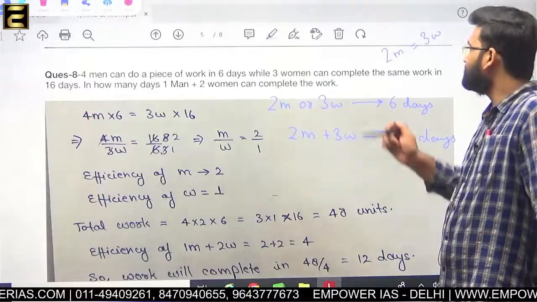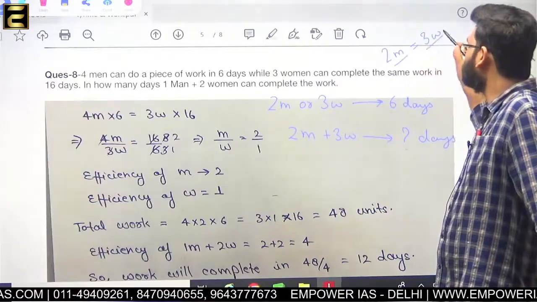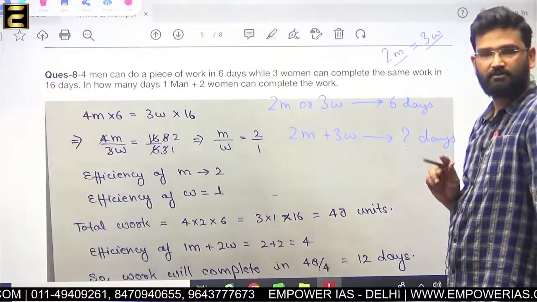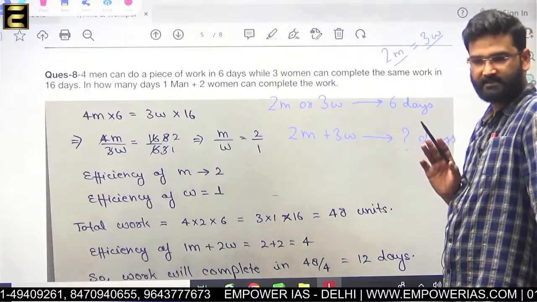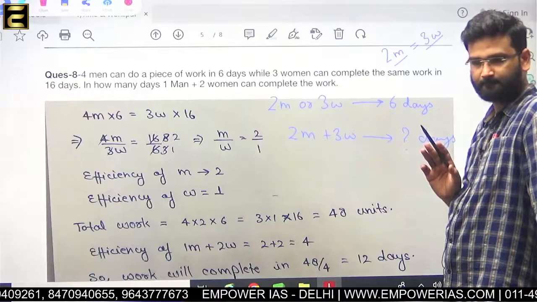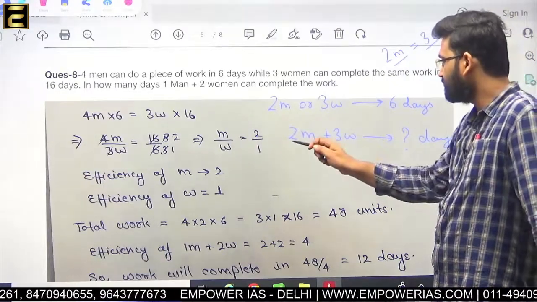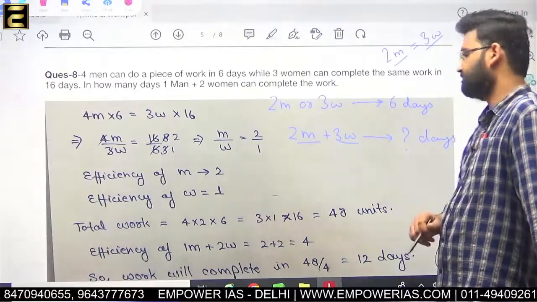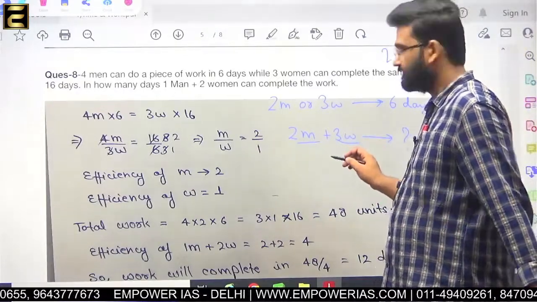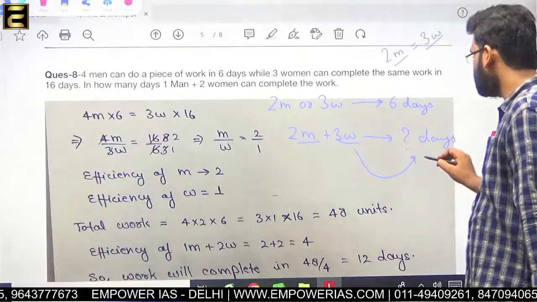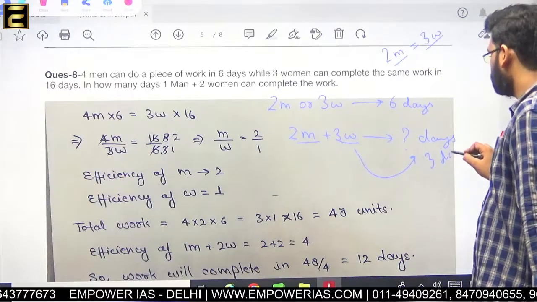It means that the efficiency of 2 men is equal to the efficiency of 3 women. One thing is clear, because either 2 men or 3 women can complete the work in 6 days, the efficiency of 2 men is equal to the efficiency of 3 women, isn't it? And here, 2 men plus 3 women. So they are going to complete the work in how many days? 3 days. How 3 days?